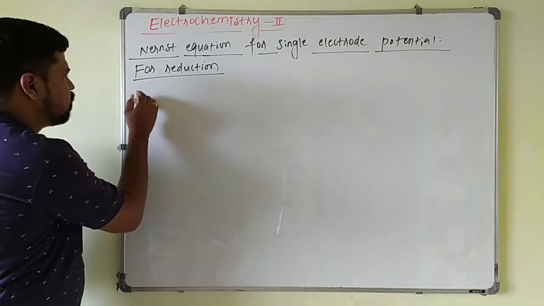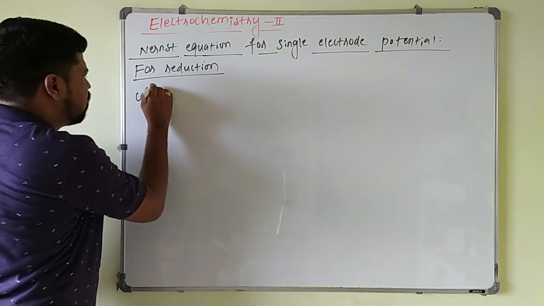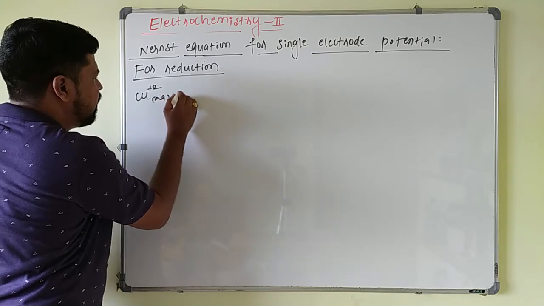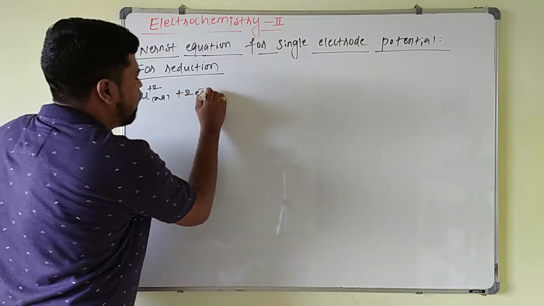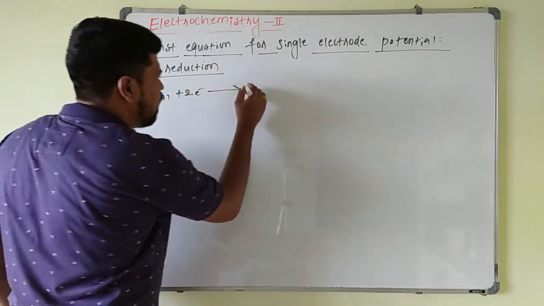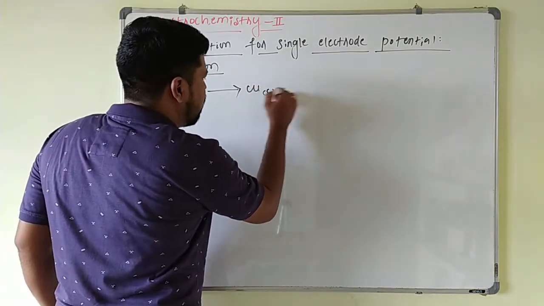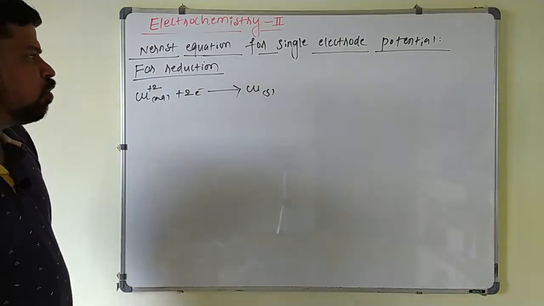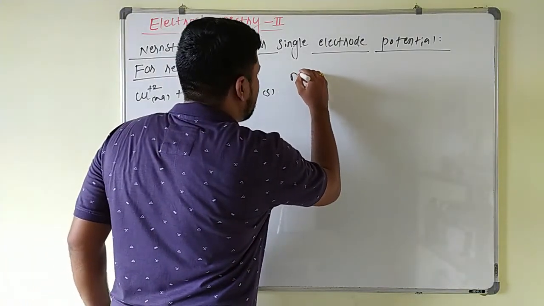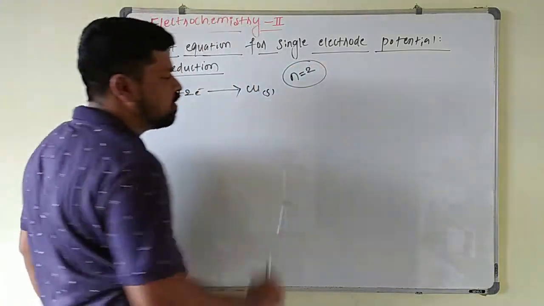So the equation becomes what? Copper plus 2 ion in the aqueous medium gains 2 electrons and becomes copper. So this is the copper solid. How many electrons are gained here? 2 electrons are gained, so N value is 2 here.